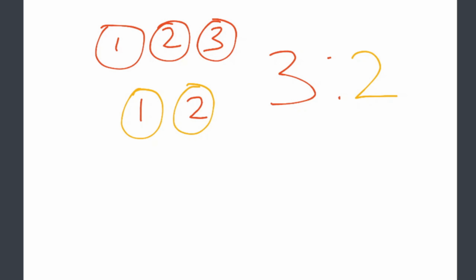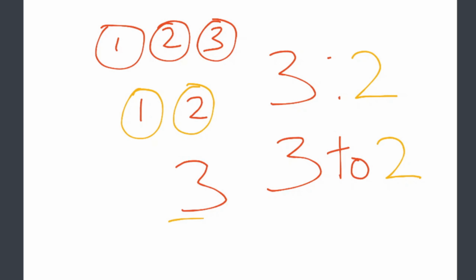There are multiple ways to write it. You can write it like this, 3 to 2, or you can write it out, 3:2. Or it can be viewed as a fraction, 3 over 2, because there's 3 apples for every 2 oranges.